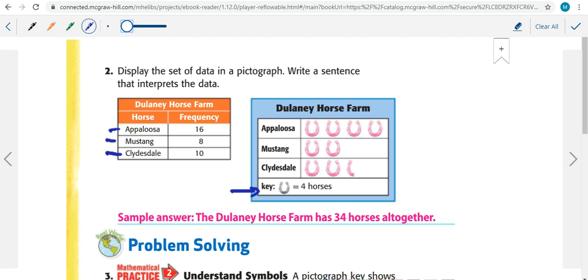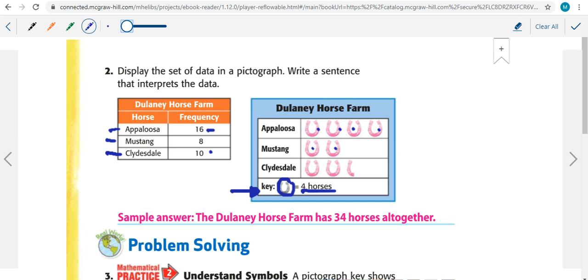Look at this very close. The key is telling me that each of these is equal to 4 horses. So to represent 16, they draw 1, 2, 3, and 4. Why? 4 times 4 equals 16. To show how many Mustang, they only draw 2. Why? Because 4 plus 4 is 8.